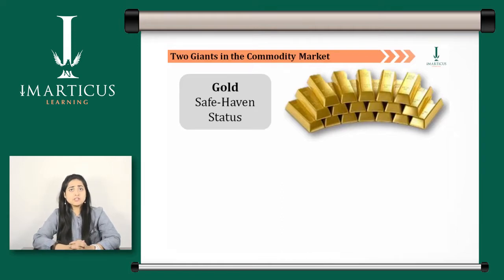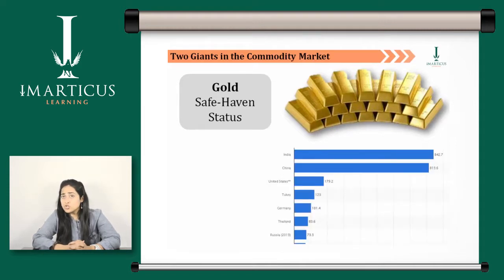Gold earned its safe haven status due to the fact that it is a metal and is resistant to monetary policy changes, adding that there always is a healthy demand for the asset. Investors view gold as a warehouse of value and it is often used as a hedge against inflation.